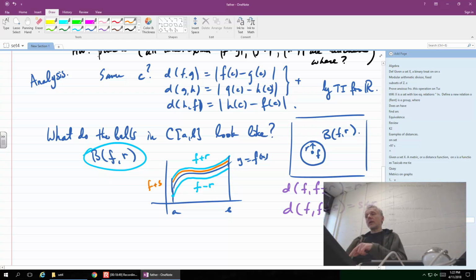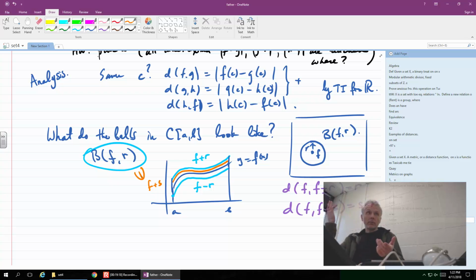Since s is less than R, it definitely fits inside of this ball. The distance is s, so that function is less than R units away from f. So all of these shifts of the function are good as long as you don't go too far. They will be inside of our ball, or a disk, whatever you prefer to call it.